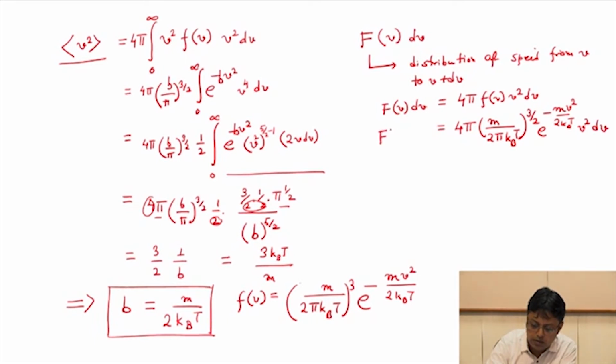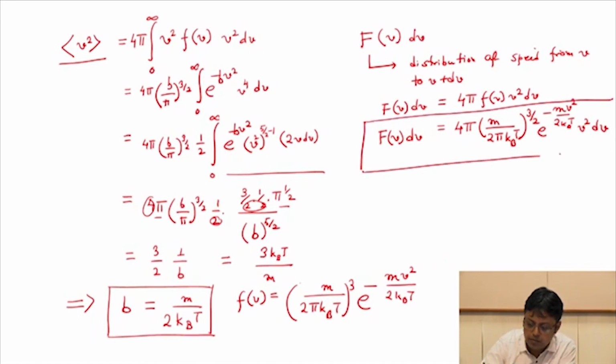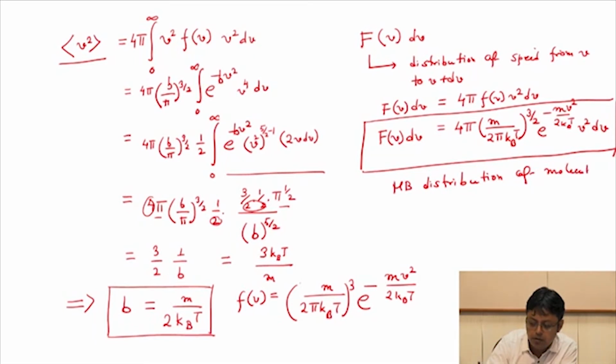So that is the Maxwell-Boltzmann distribution of molecular speed. It's not velocity again.